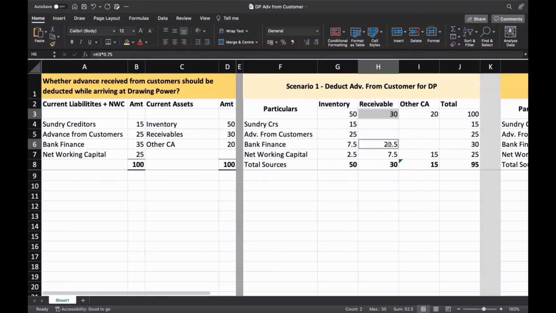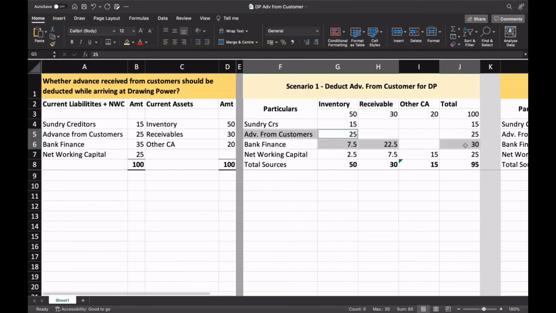Let's check this calculation. 30 into 75% works out to 22.5. So 22.5 plus 7.5 makes the total bank finance 30. It means only 30 can be given to this customer based on this calculation, because we have deducted the advance from customers of 25 from this inventory. So only 30 can be funded.